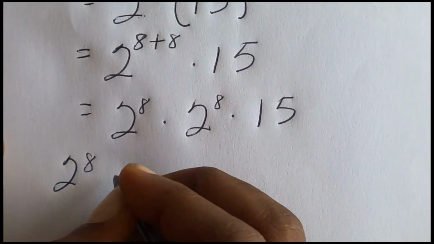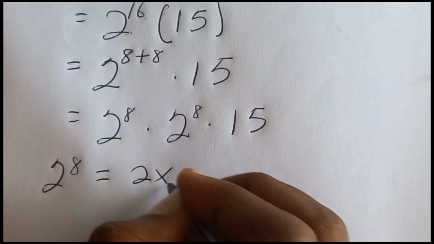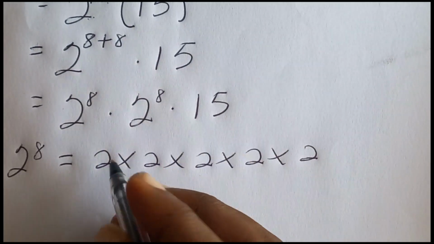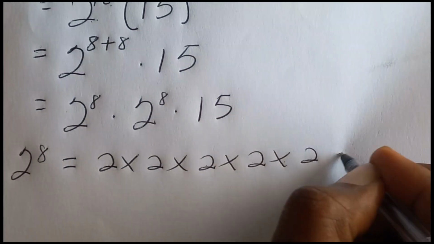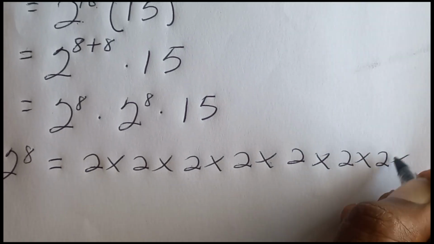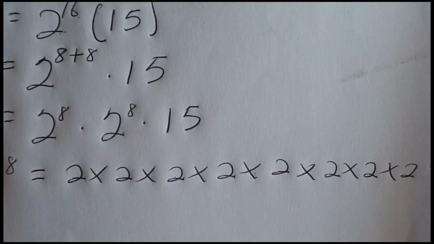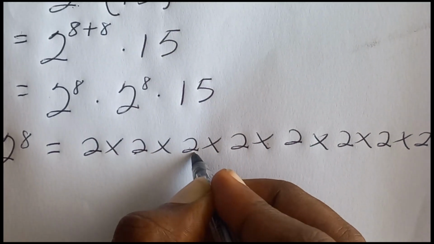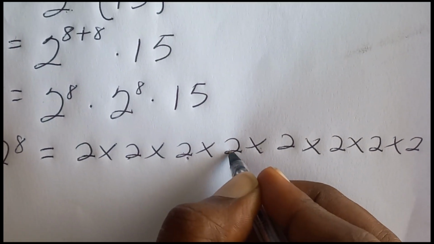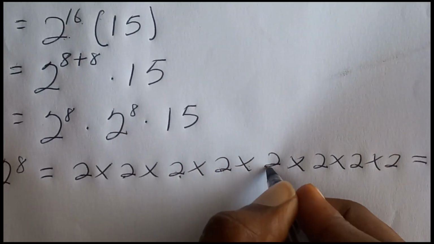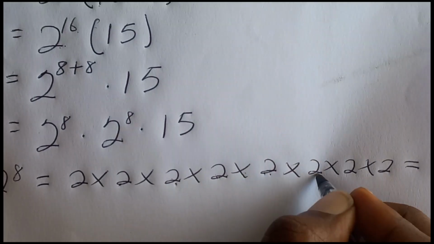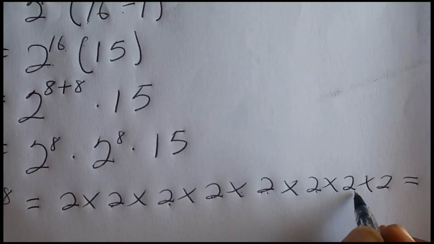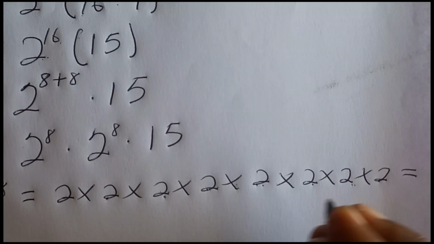Okay, let's take this. 2 exponent 8 is the same as 2 multiplied by 2 eight times: 1, 2, 3, 4, 5, 6, 7, 8. So with this, 2 times 2 is 4, 4 times 2 is 8, 8 times 2 is 16, 16 times 2 is 32, 32 times 2 is 64, 64 times 2 is 128, and 128 times 2 is 256.